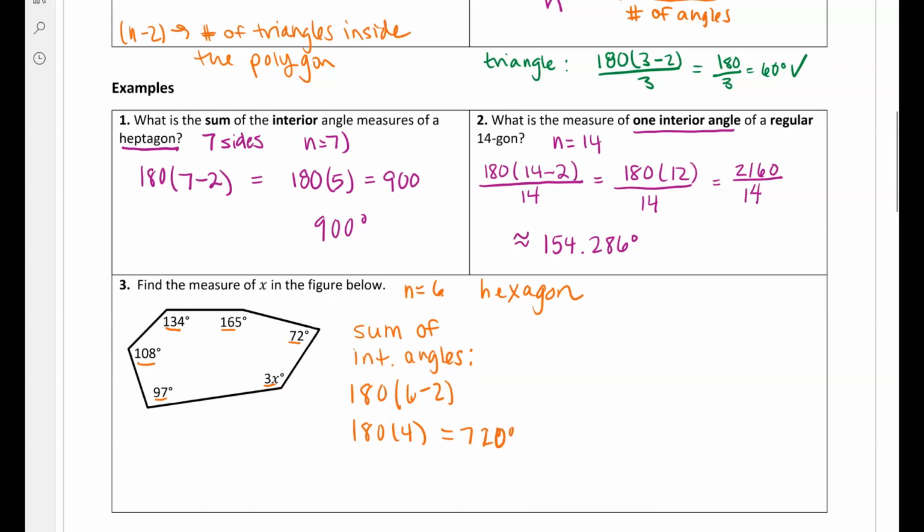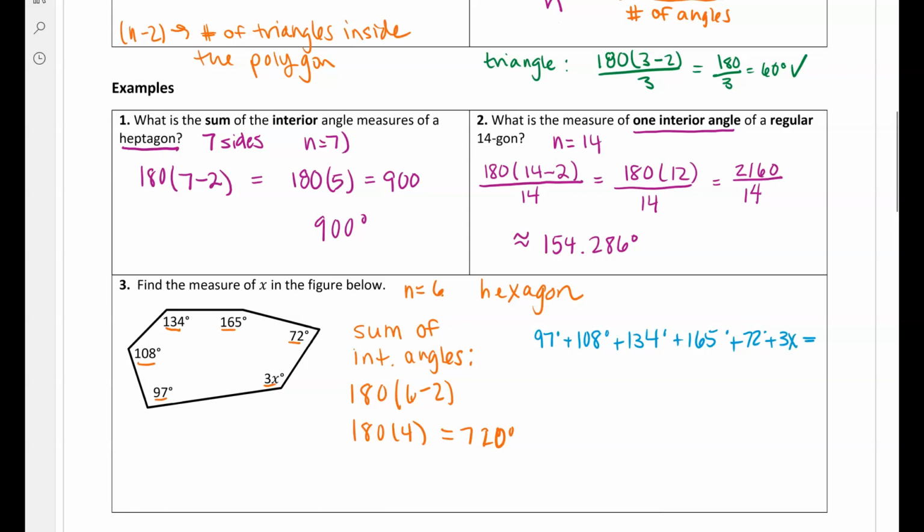All of those angles should add up to 720. Now we just have to add them up to find x. I'm going to start with 97 degrees plus 108 degrees plus 134 degrees plus 165 plus 72 plus 3x.